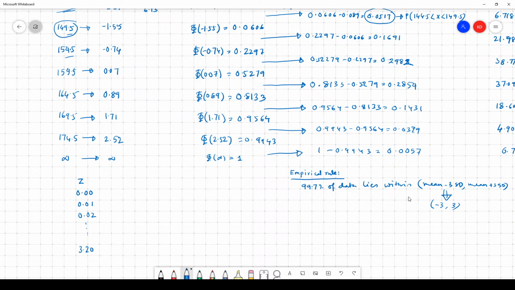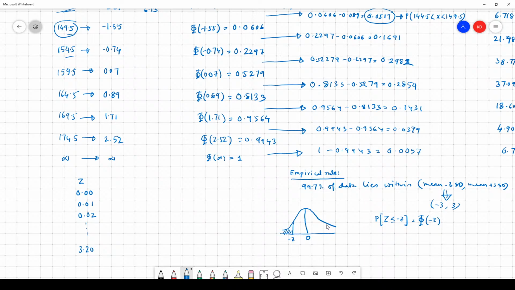Why didn't they consider the negative portion? Because the standard normal distribution is symmetric about mean 0. Suppose you want to compute the probability that capital Z is less than or equal to minus z, which is capital phi of minus z.